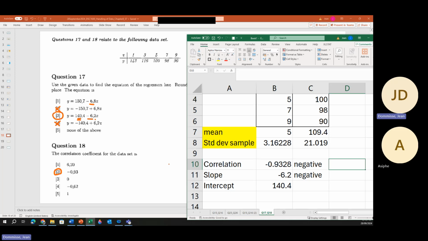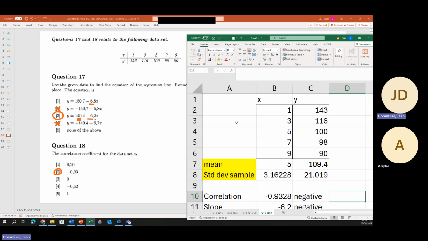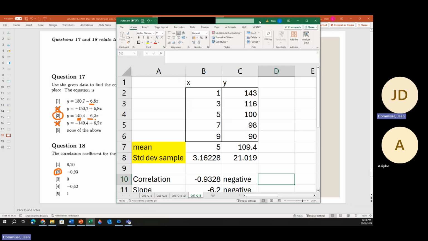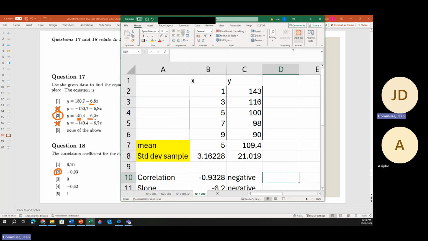Okay, so again, it helps to have the spreadsheet. What you can also check on your financial calculator, if you have one, and with my HP, it's a bit different from the ones from the cashiers and the shops, is to put in the data as data points: your first, second, third, fourth, and fifth data points.